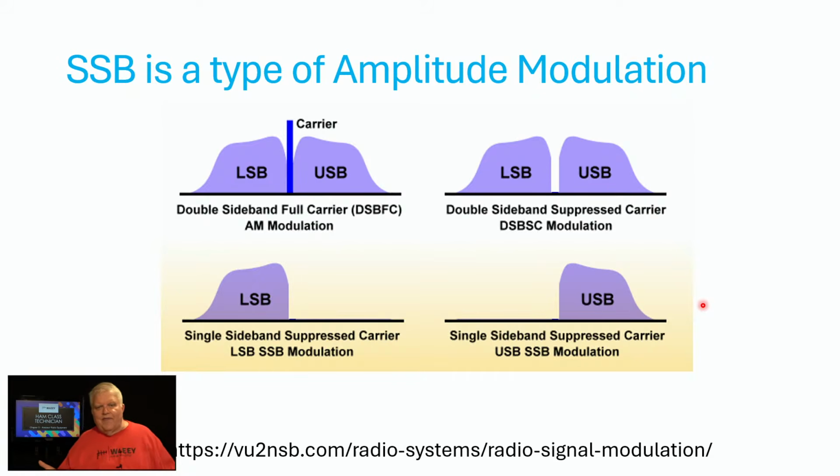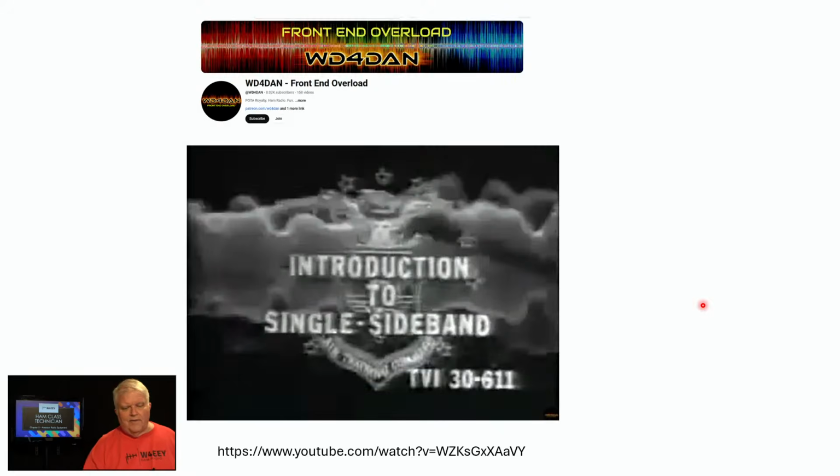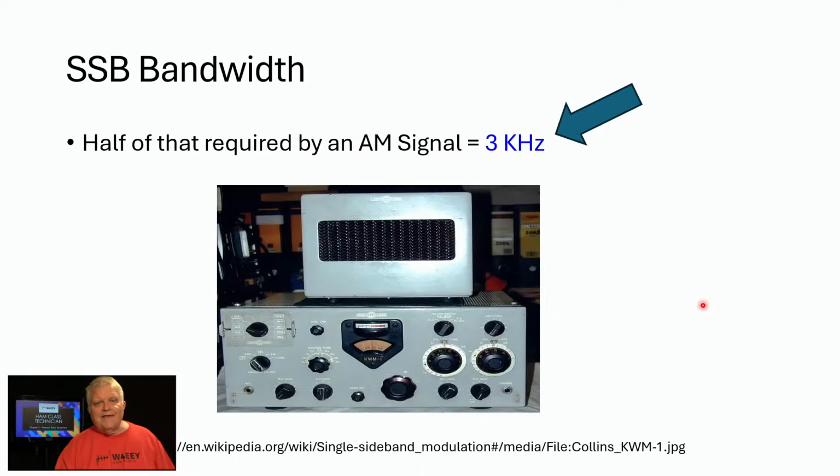A lot of hams said, that's not ham radio. Now it's the most popular way, although AM signals still do exist. If you'd like to see more about the military's take on single sideband, there's a video here, there's a URL, you can go ahead and take a look at it. So we said that the bandwidth for an AM signal for communications purposes is 6 kilohertz. For a single sideband signal, it's half of that, or 3 kilohertz.